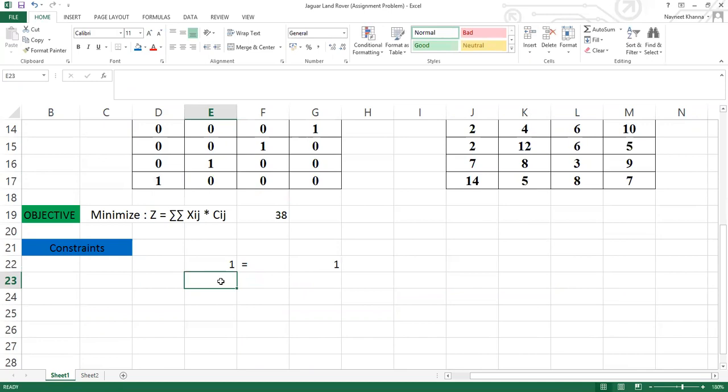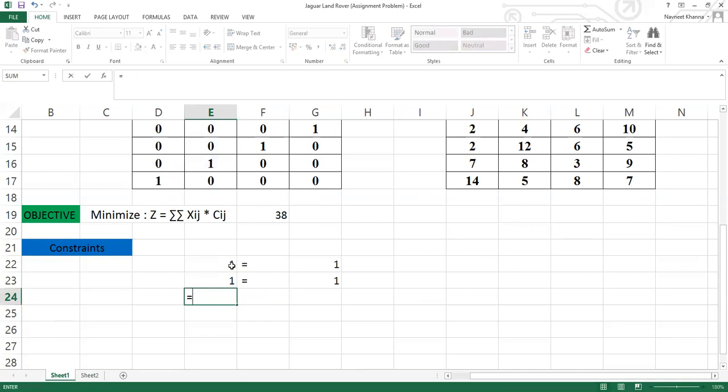Second is X12 plus X22 plus X32 plus X42 is equal to 1.